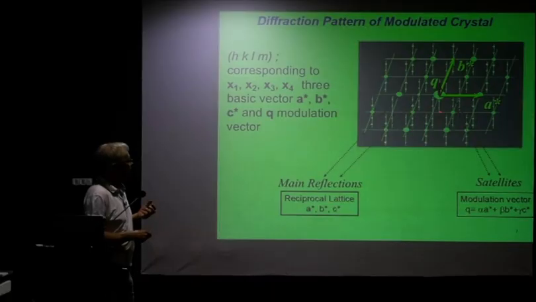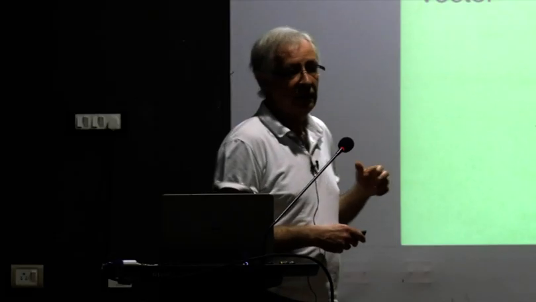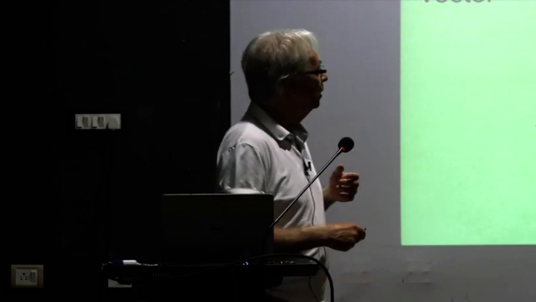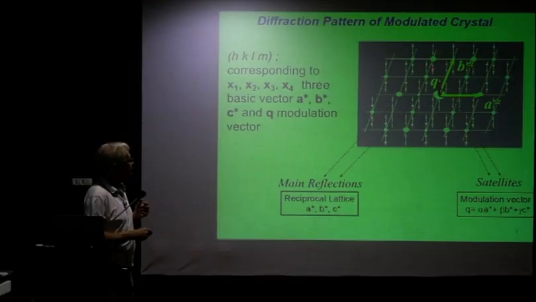This is more of a real case. It's not exactly real, but it shows you what you would see if you would do electron diffraction. You would get your main spots, and then in between there you have your satellite peaks.